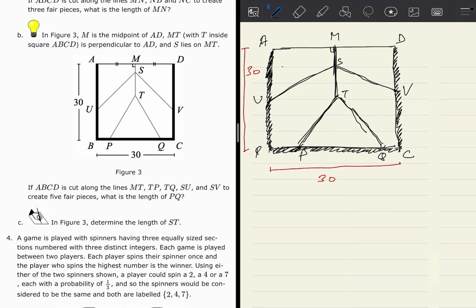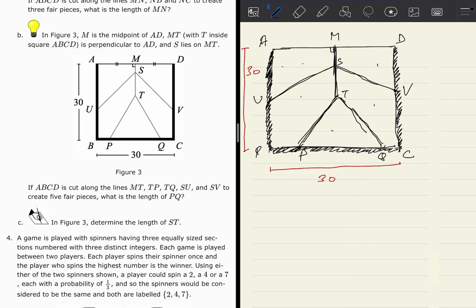By cutting along these 5 lines we get these 5 areas, 1 2 3 4 5. As per the question, all these 5 areas are fair pieces.